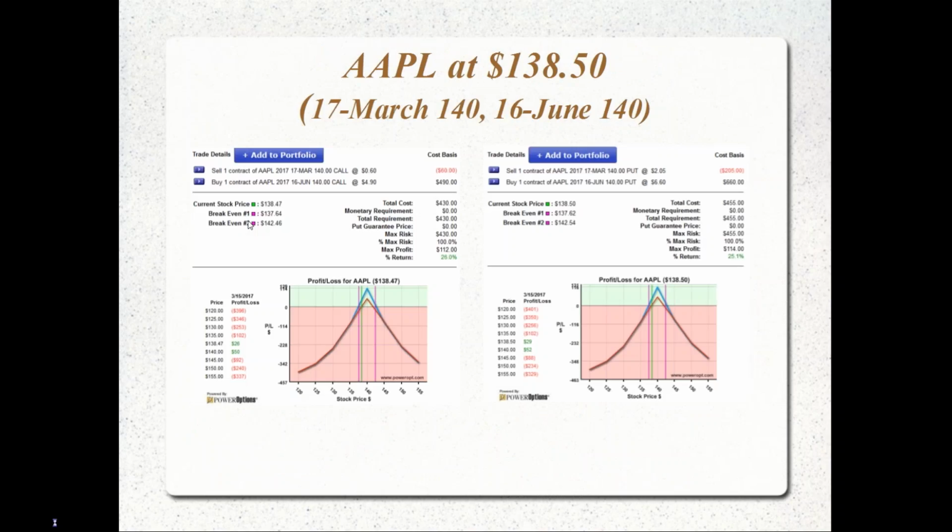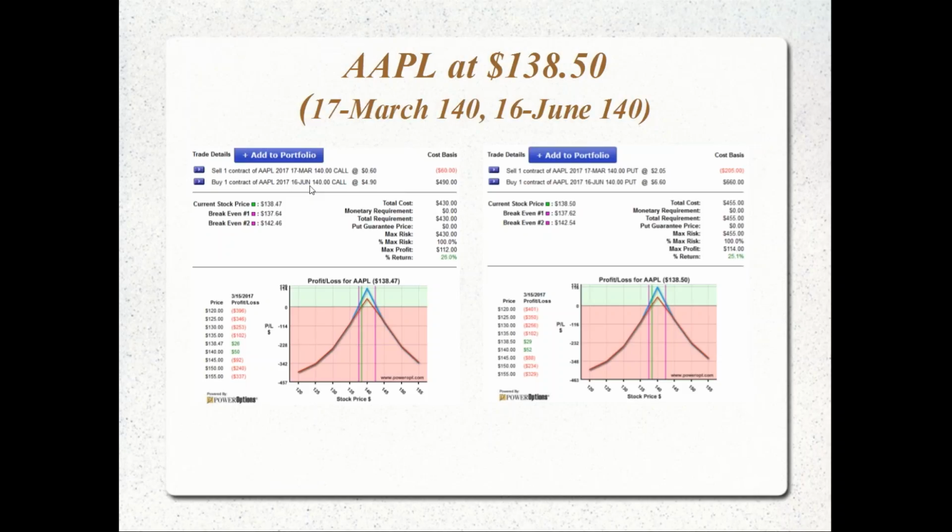Okay, so a couple days ago, 17th of March expiration for this expiration date, looking at Apple at 138.50. A diagonal call on the right-hand side, we might sell the March 17th 140 call for 60 cents, and you might buy a far out, 16th of June, or you could even buy in April.